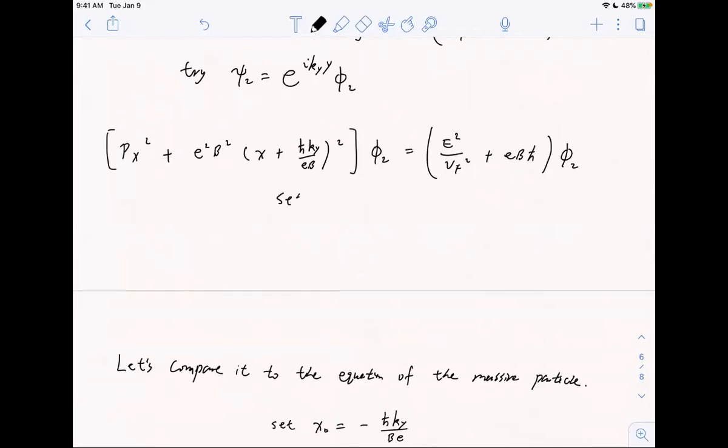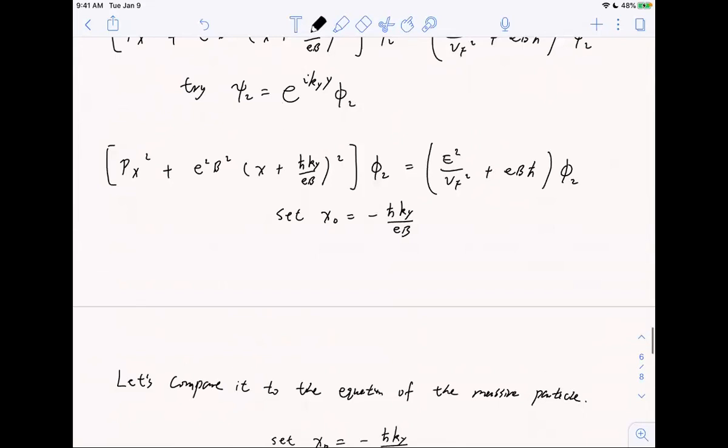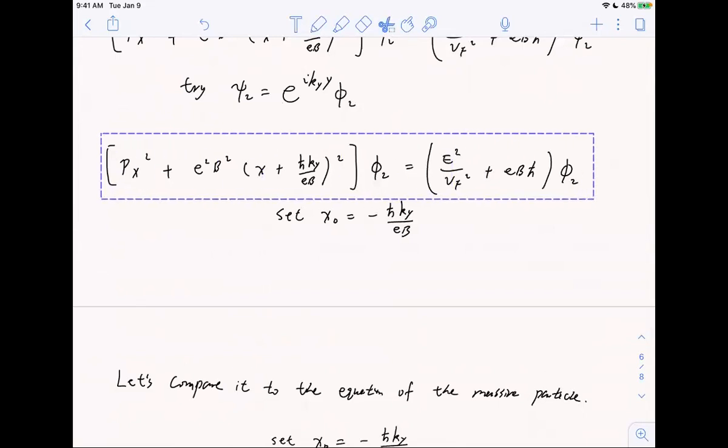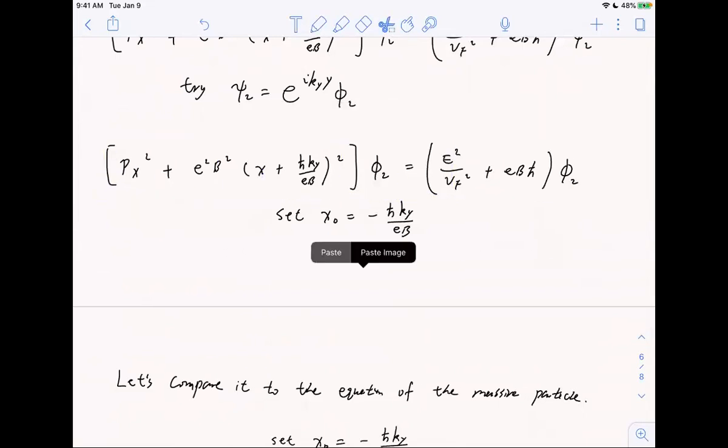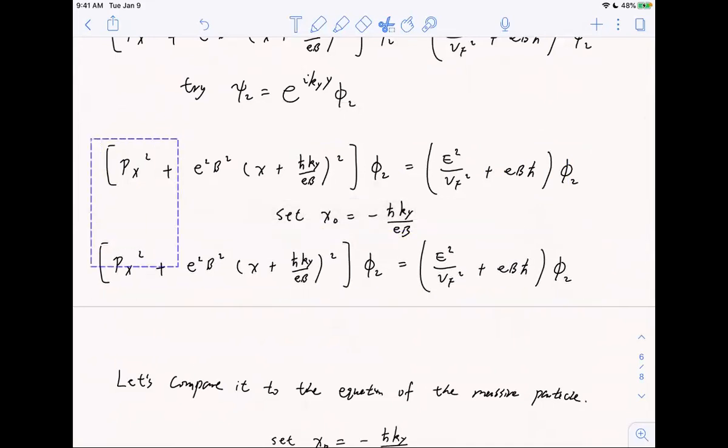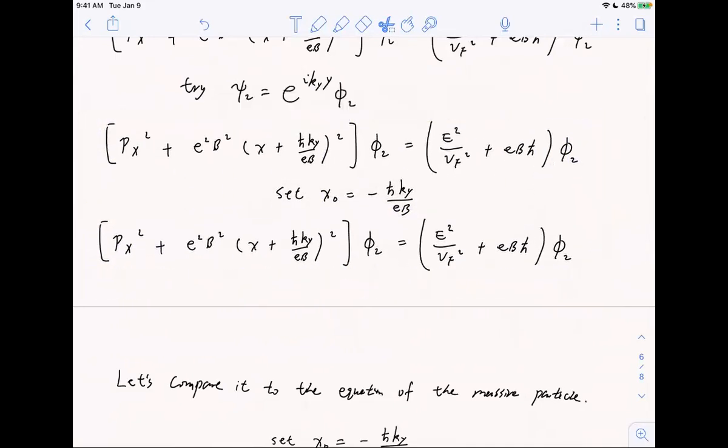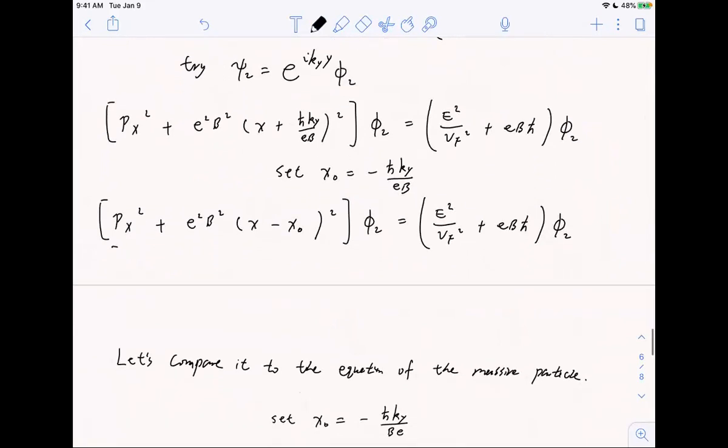So you can set this equal to negative k_y e b. This is what we have done before. And then this one will be negative. Okay, so you have something like a simple harmonic oscillator on one side.